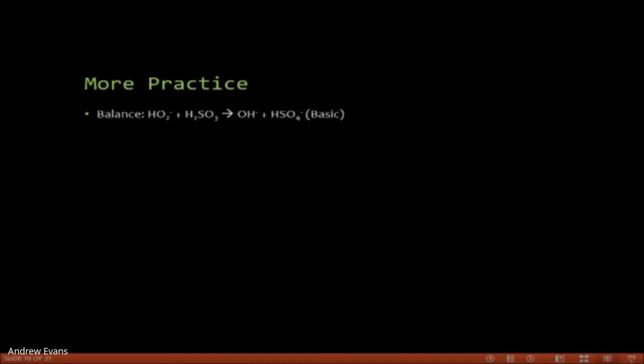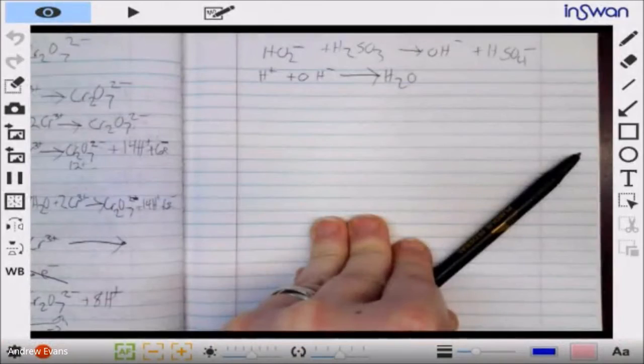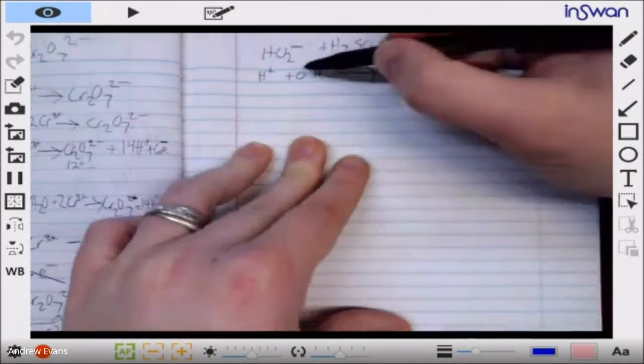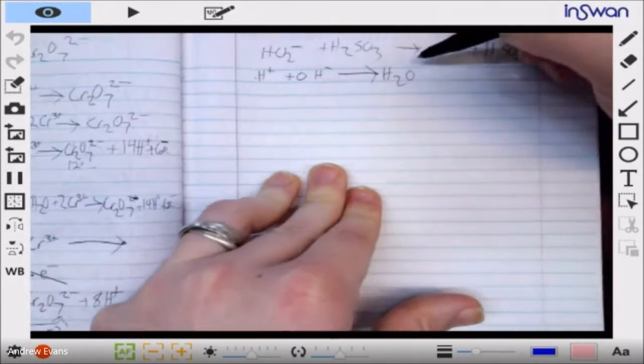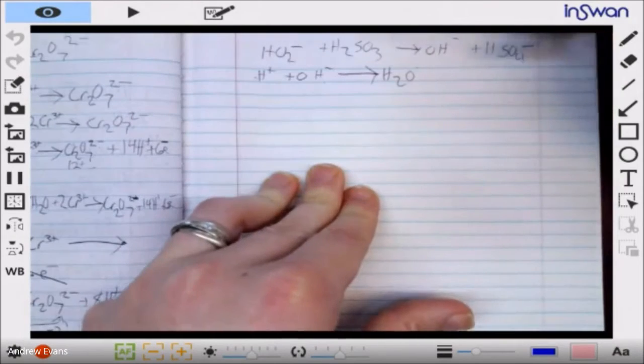And one thing we'll have to remember, when we add H plus and OH minus, it's going to produce water. This is the key component here. When we add H plus to OH minus, we're going to form water.